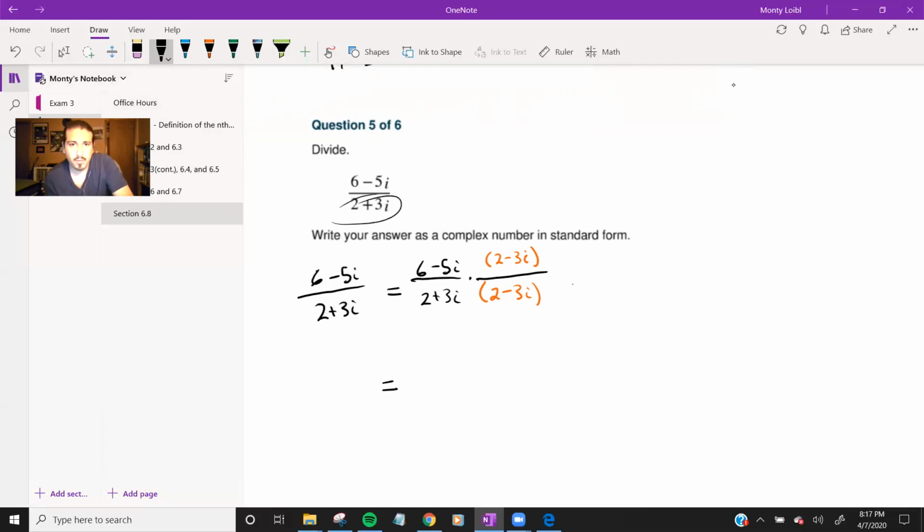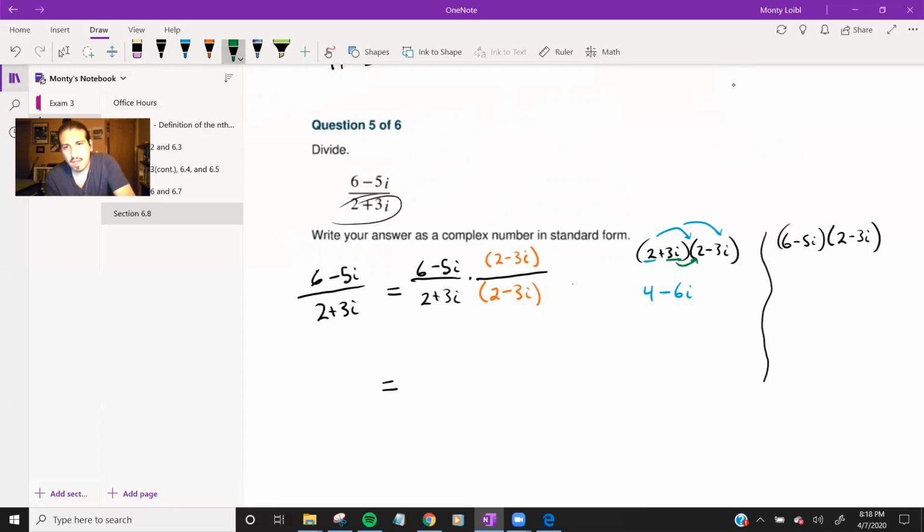So over here, I'm going to do 2 plus 3i times 2 minus 3i, I'm going to work that out, and then I'm also going to do 6 minus 5i times 2 minus 3i. Okay, so again, multiplying this out, we might as well use some colors here. 2, distribute to both of those, you get 4 minus 6i.